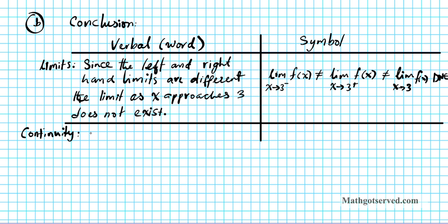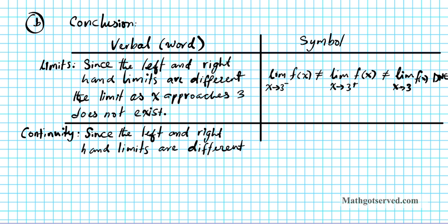Okay, so since the left and right hand limits are different, we know for a certainty that there's going to be a discontinuity there. But the question is what kind? If the limits are different but they're both finite, then we have a jump discontinuity.